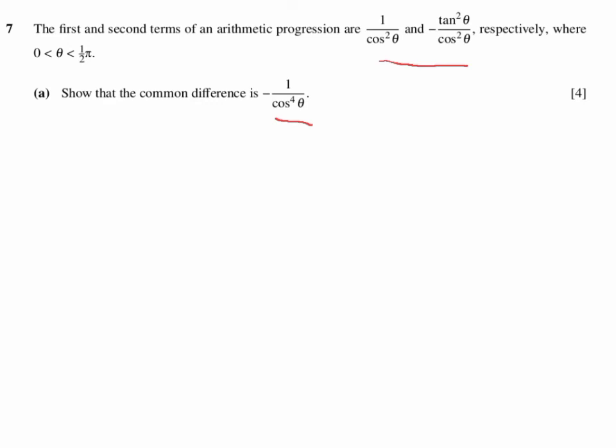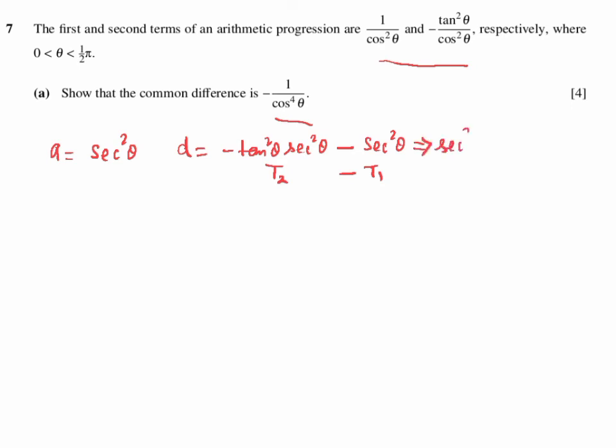The first and second terms of an arithmetic progression are given. So what will we do? We know a equals secant square theta. Now d we can find as minus tan square theta into secant square theta minus secant square theta. This is the second term t2 minus t1.